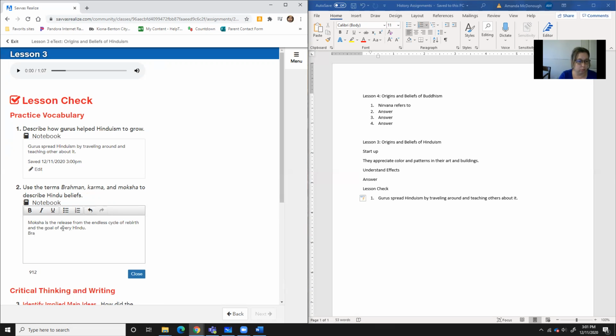A Brahmin is a religious teacher and a member of the highest caste in India.